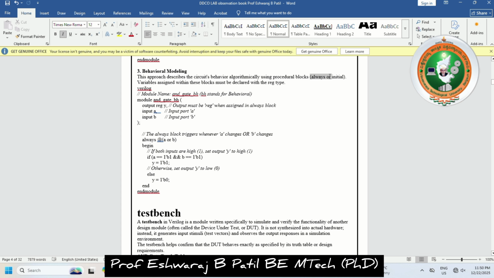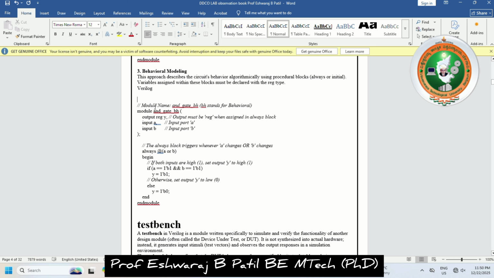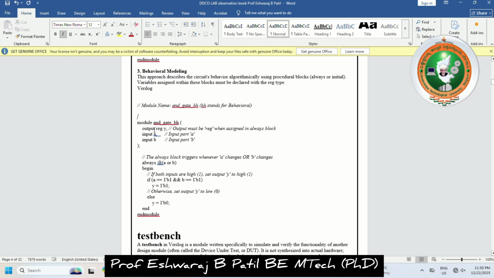Always at the rate within that, a and b, and within begin and end I am writing some logic with the help of the if else statement. For the AND gate, if both inputs are high then only the output is high, otherwise it's 0. You can observe here: always keyword, begin, a and b are there.